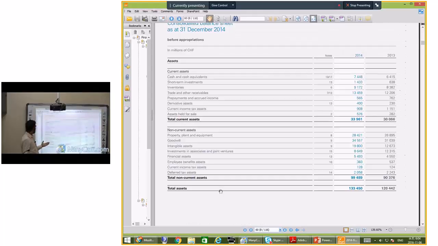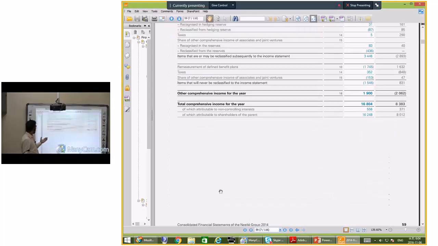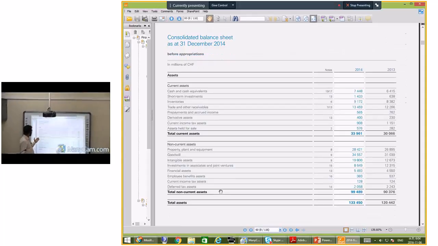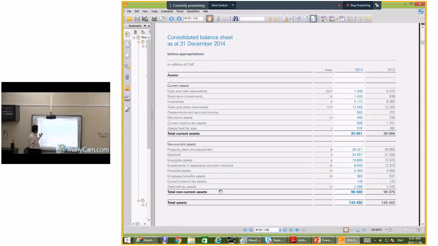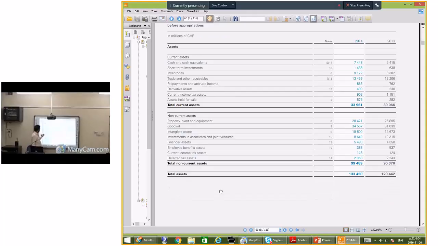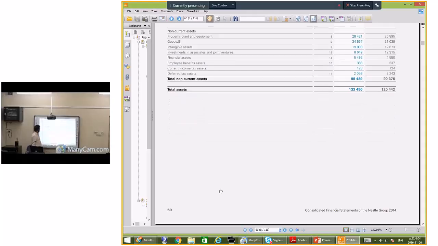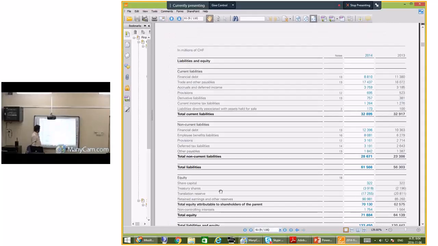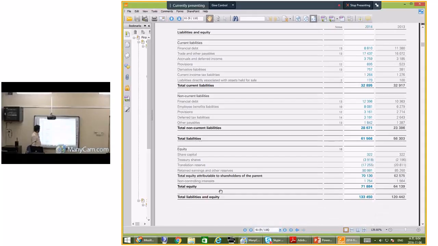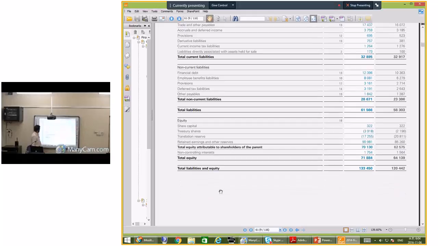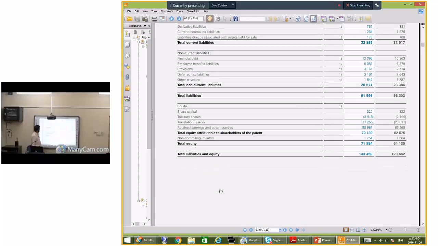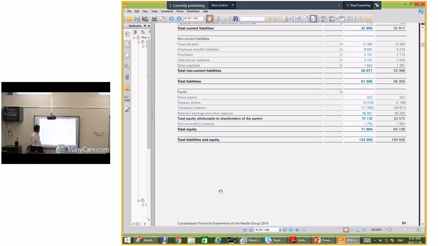Then we can refer to earnings per share and other details, and also assets, liabilities, current assets, non-current assets, then line items in the current assets, then total assets and liabilities, current liabilities, non-current liabilities, equity, and other share capital, all we can compare.